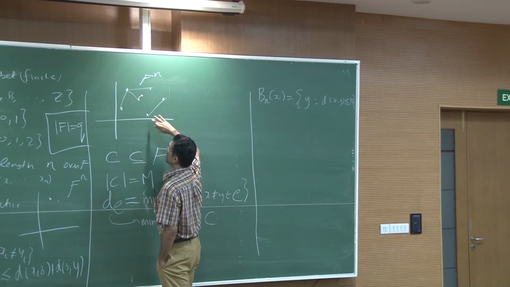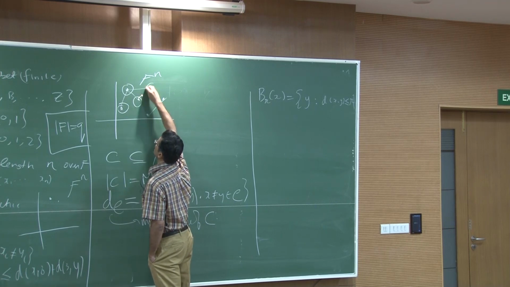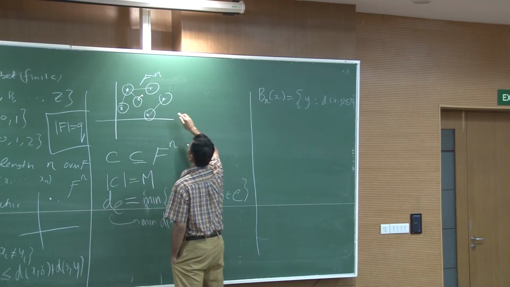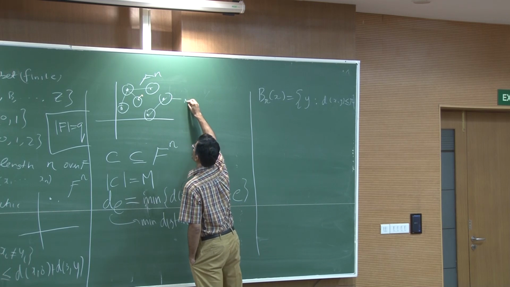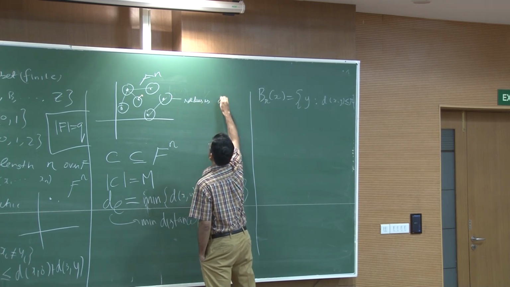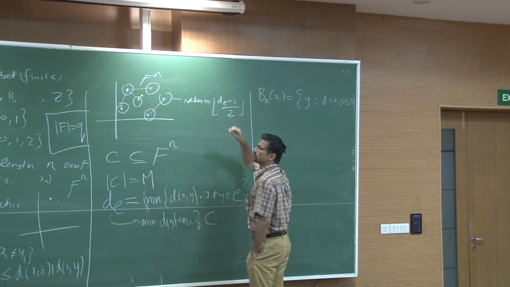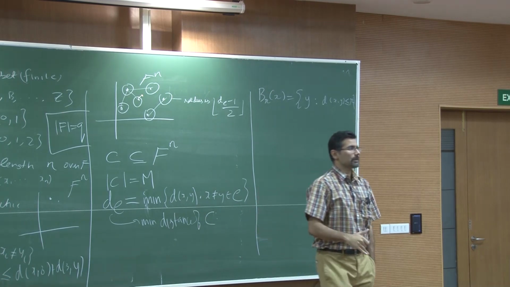You have these m dots, make them the center of balls of some radius. Which radius, I will tell you. The radius of the balls is roughly speaking half of d_C minus 1. What is d_C?